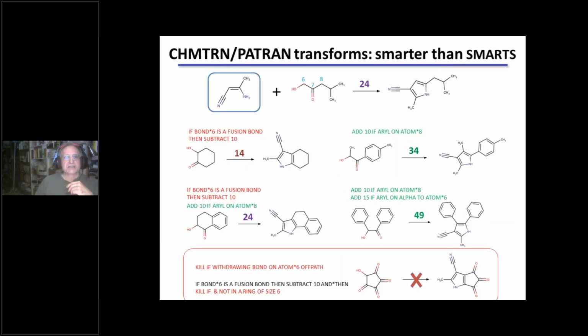So that's why we say it's smarter than SMARTS. So you have statements subtract 10 and subtract more. So you have an amount of subtraction or addition of points, so to speak. And at the very bottom, you see kill if withdrawing bond on atom number 6 is off path. And then this proposed reaction is thrown out right away.